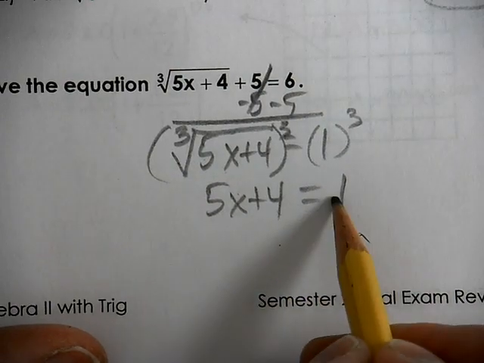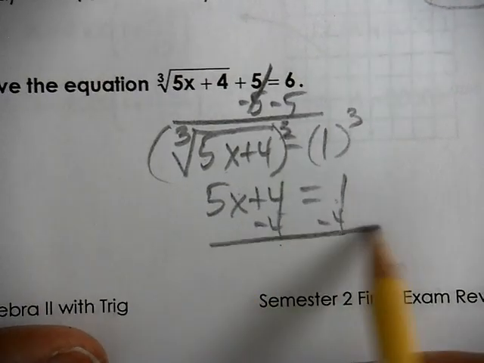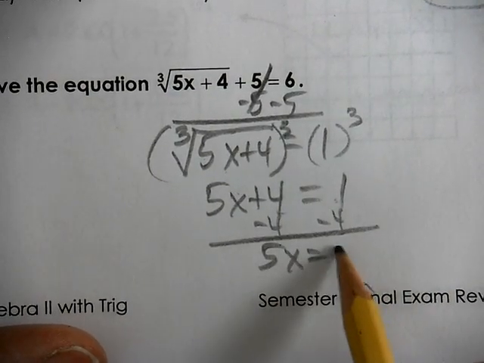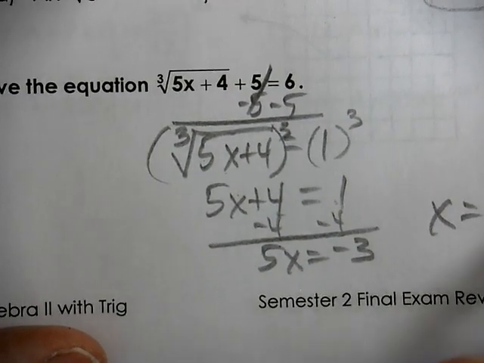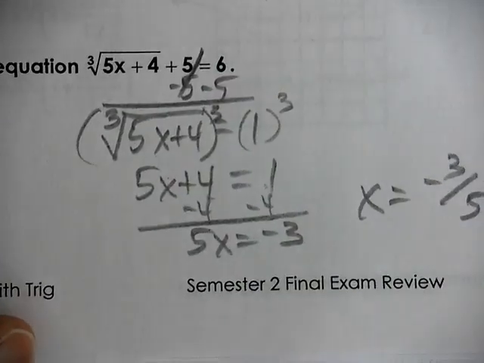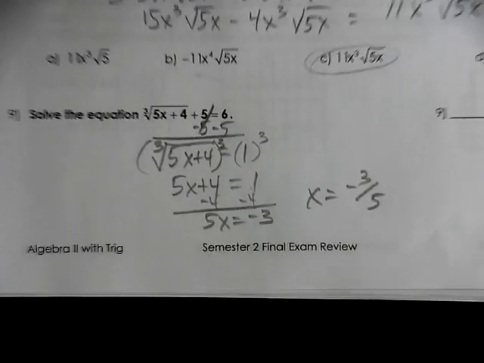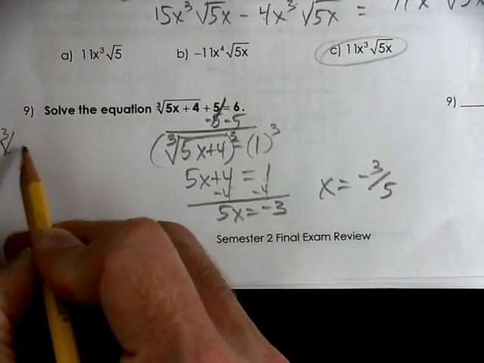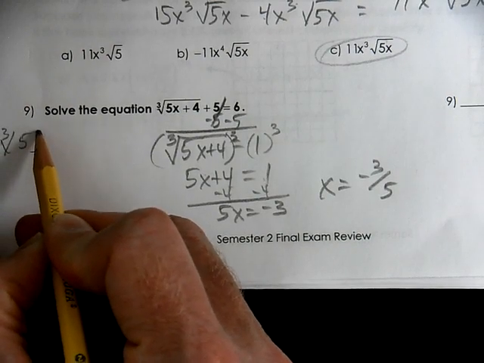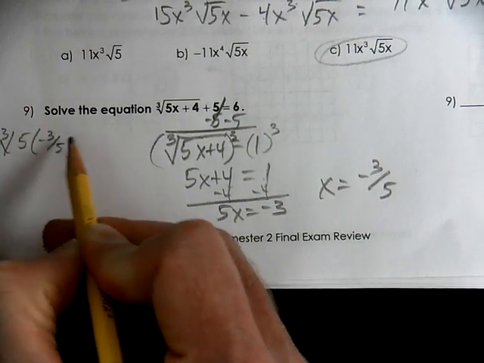This looks like we're going to subtract it out. Subtract the 4 over. And that's going to be a negative 3, so this answer looks like negative 3/5. That's kind of weird. So we can test it. That's the great part about algebra. You can test so much of it.